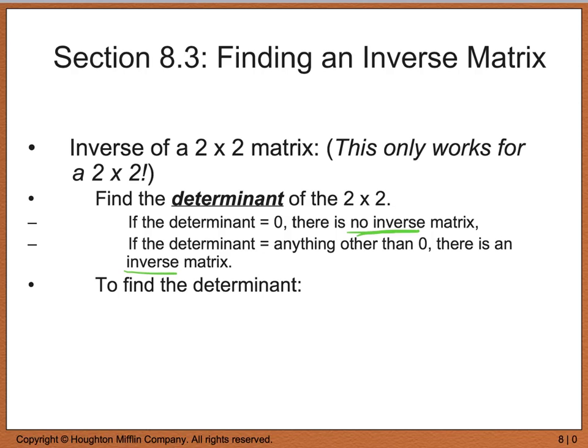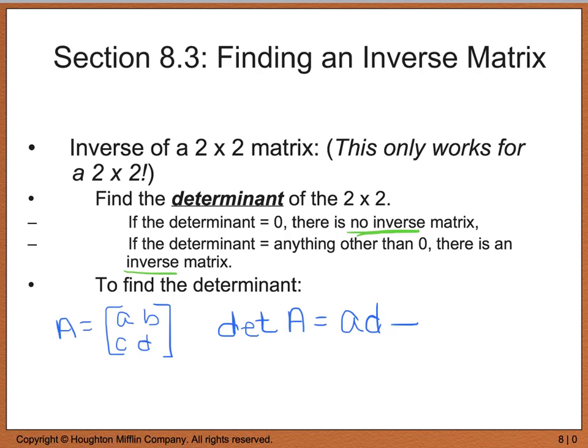If I'm given a matrix, let's say matrix A is equal to A, B, C, D, and I want to find the determinant, the determinant of matrix A is going to equal the product of my diagonals, so AD, minus the product of the opposing diagonal, which in this case is BC.